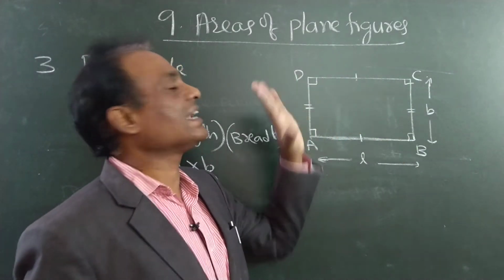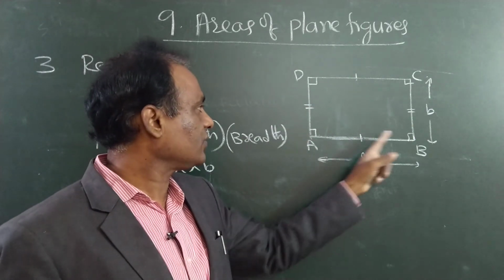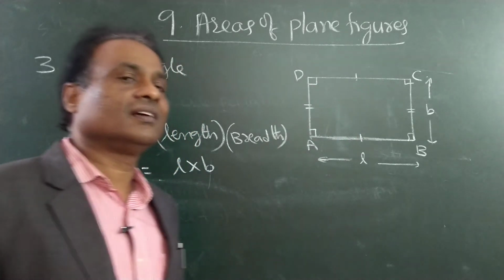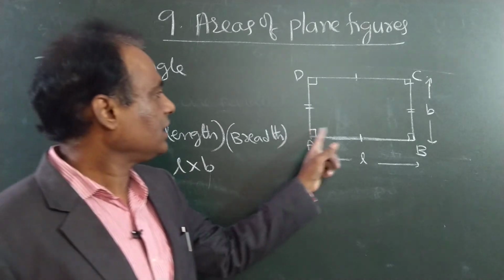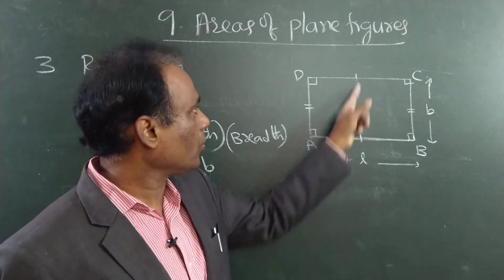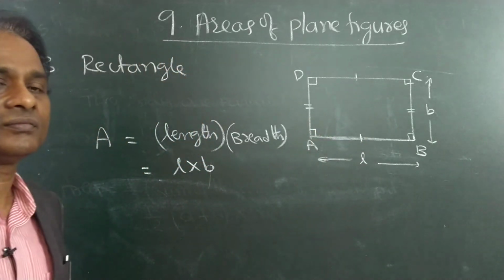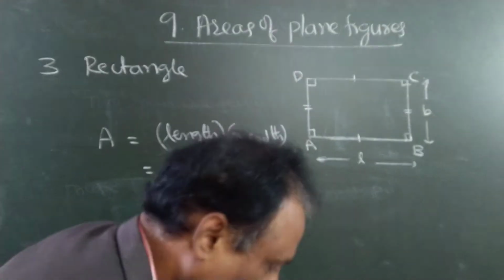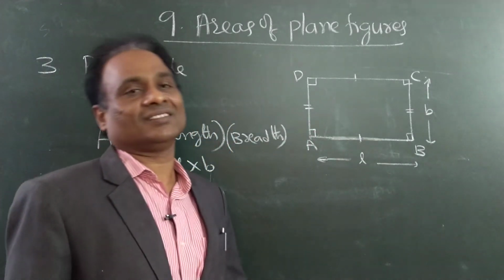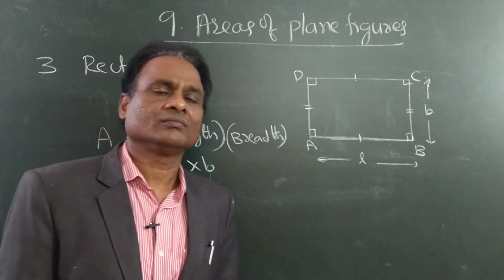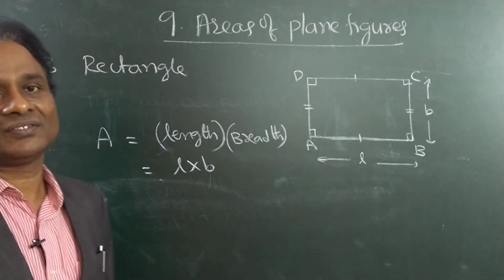Each angle is 90 degrees. Opposite sides are equal. Each angle is right angle. Right angle or 90 degrees, same. Here diagonals are also equal. That point also you write.